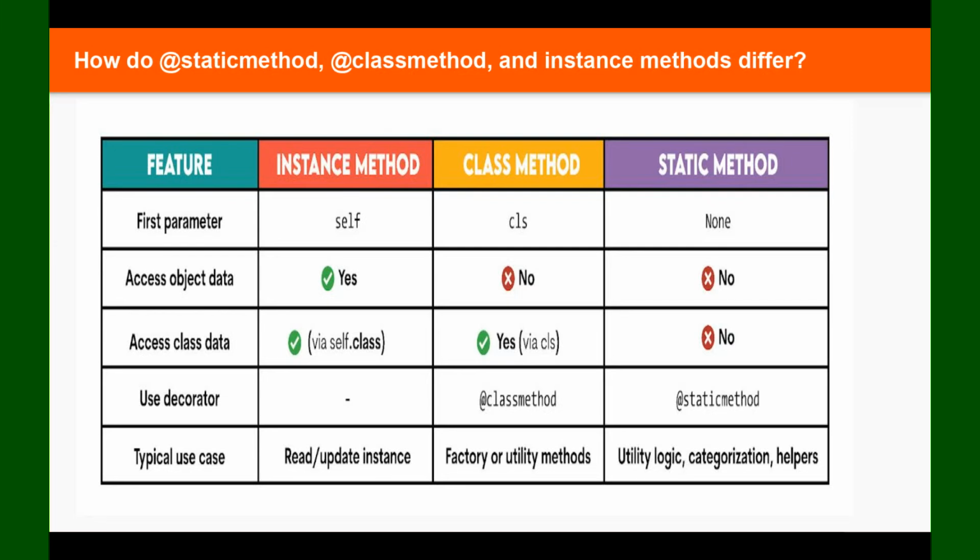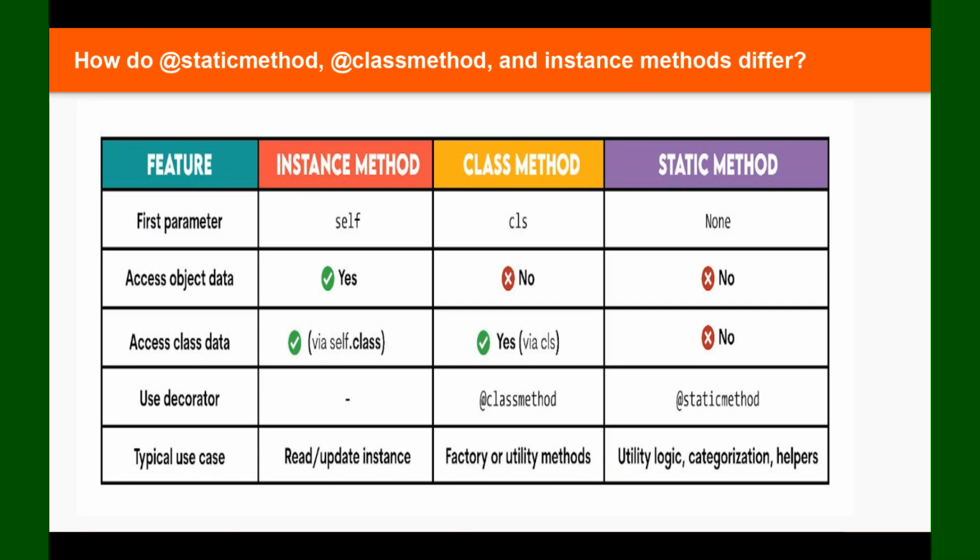Access to instance objects is only available in instance methods, not in class methods and static methods. Access to the class is available in instance methods and class methods but not in static methods.